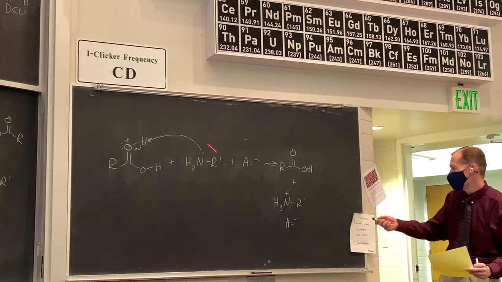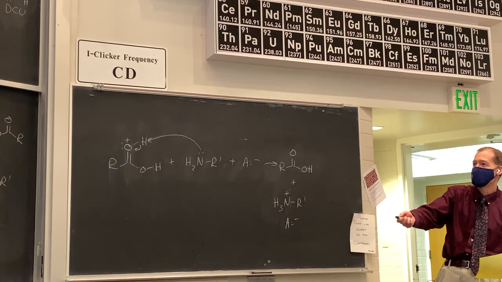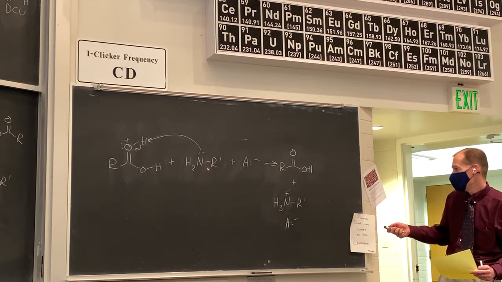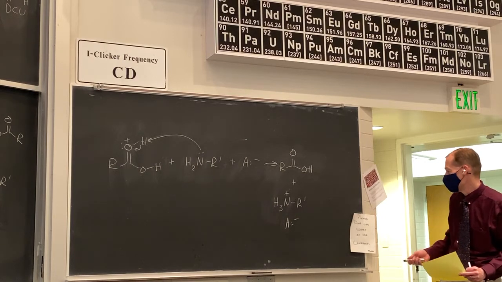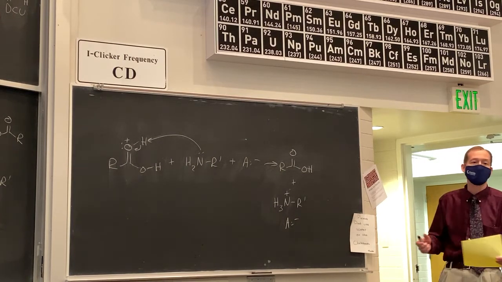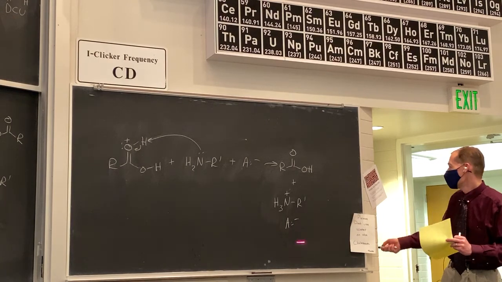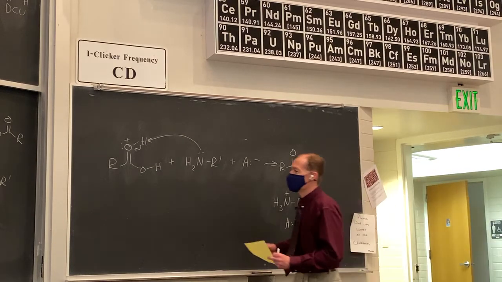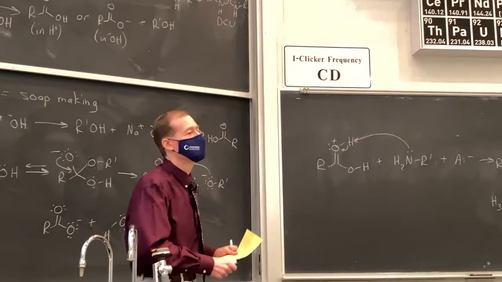Because of the increased basicity of the amine compared to the alcohol in the ester hydrolysis, this amine deprotonates the carboxylic acid conjugate acid, and we generate this ammonium ion. Okay? So hydrolyzing amides in acid produces ammonium ions. And as a result, it is stoichiometric in the acid and not catalytic. Any questions?